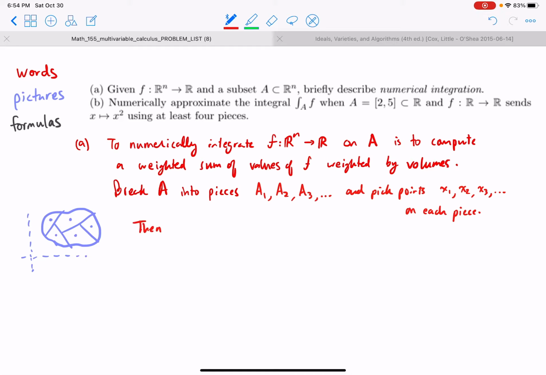Then sum the values f of xi. So at each of the points, take the value of f and sum it up, weighted by the volume of Ai, of the ith piece.